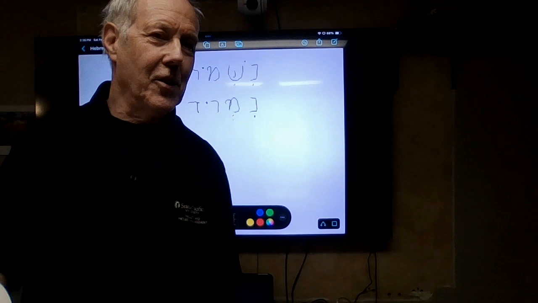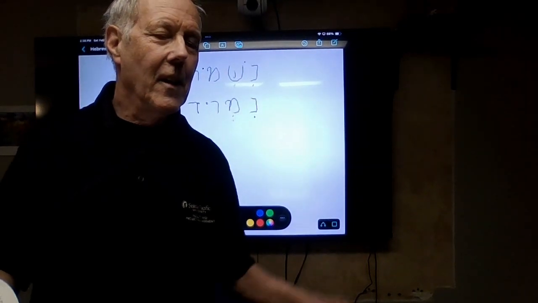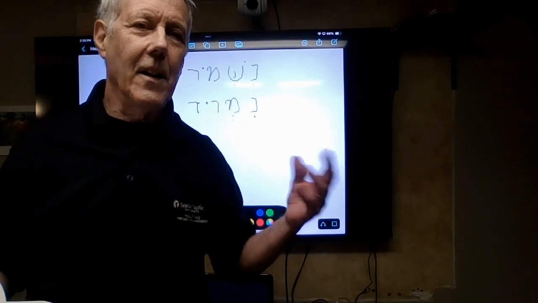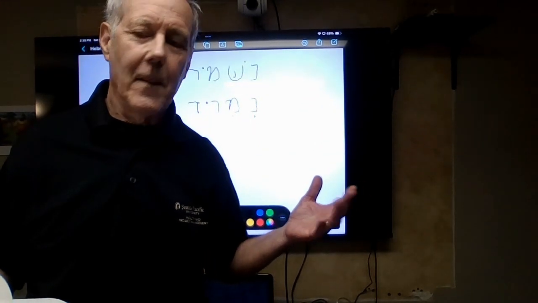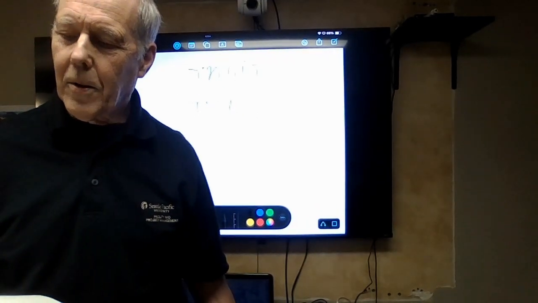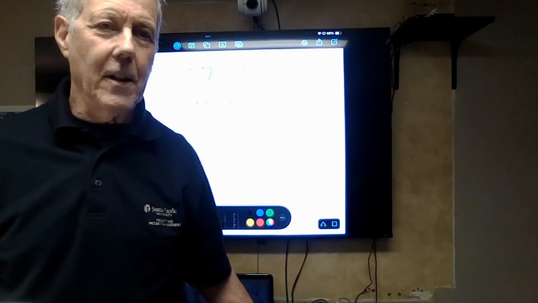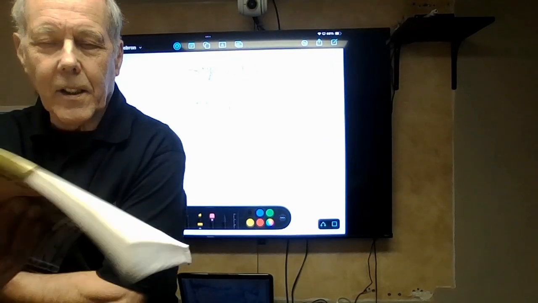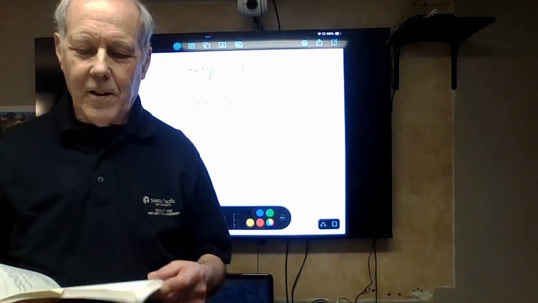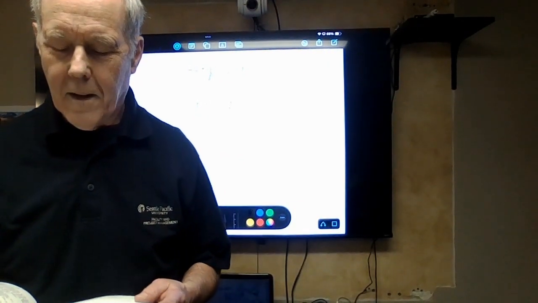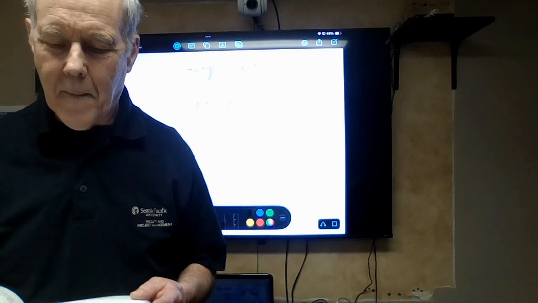The last letter in the syllable has a shva under it, so the syllable ends in a consonant. If it ended in a vowel, it'd be open, like chesed, both those syllables are open. They both end in vowels. This one is closed. It ends in a consonant. And so this kamats is a kamats chatuf. Is there more examples of that?